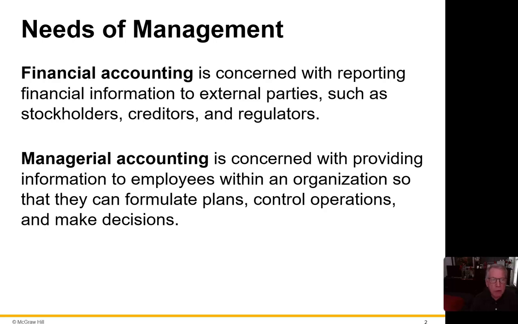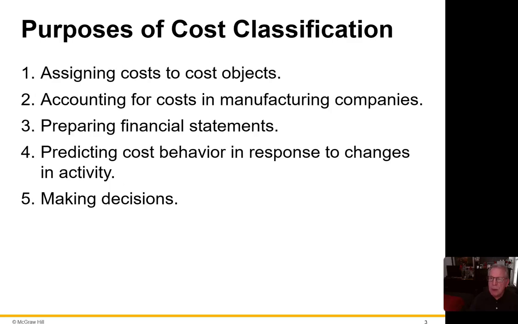Managerial accounting is concerned with providing information to employees within an organization so that we can formulate our plans, control our operations, and generally make better business decisions. So in a way, managerial accounting is not quite accounting. It is really almost, in many ways, good common sense.